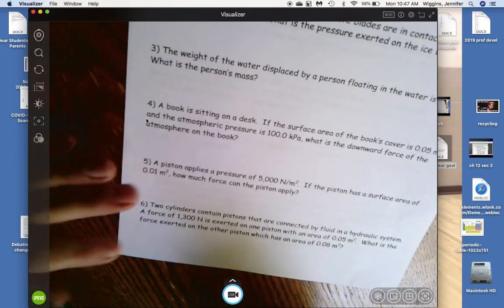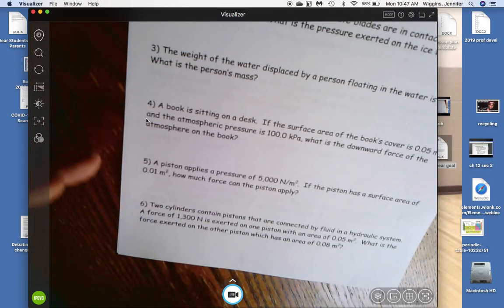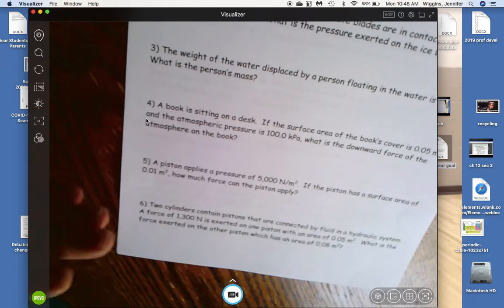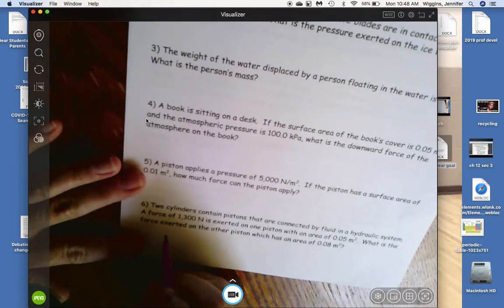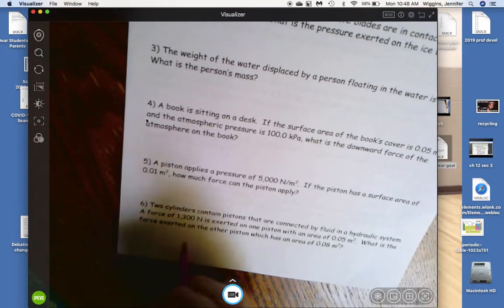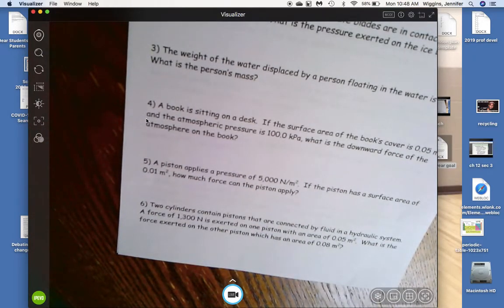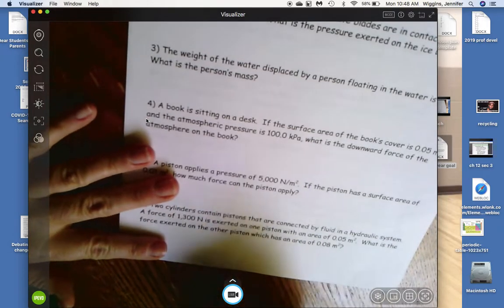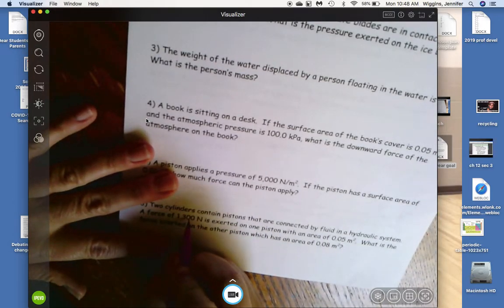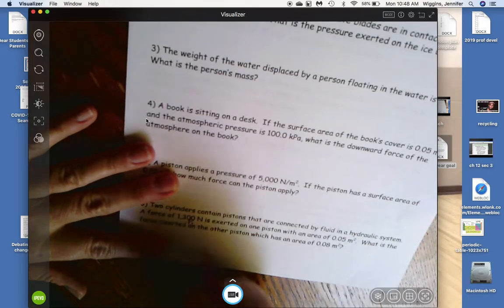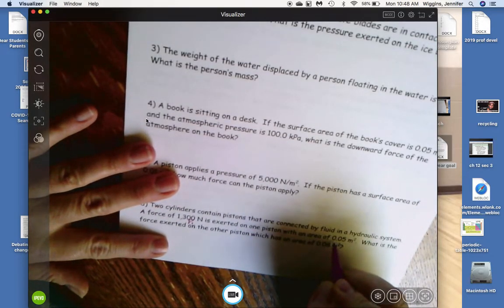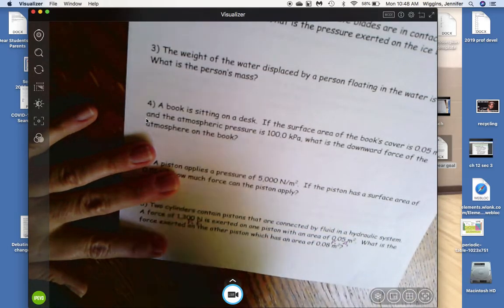Okay, all you have to make sure is that your area 1 is the same piston as force 1, and the same piston is 2. Whichever one is named first, I'm going to make that my piston 1, and whichever is named second is my piston 2. So the force on this one would be my piston 1, so this would be area 1, and this would be force 1.